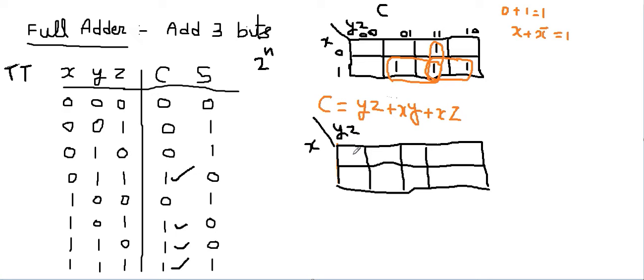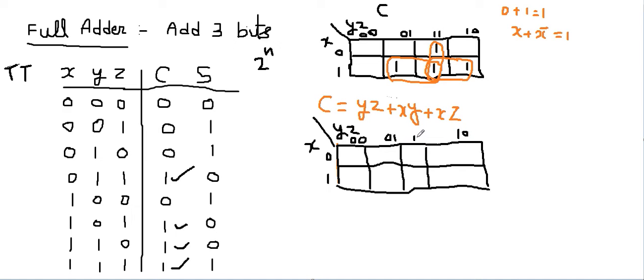Then we can see from here that 0 means x complement, 1 means x, and then again for yz, 0 0, 0 1, 1 0 and 1 1, right? So 1 0 will be here and 1 1 will be here.